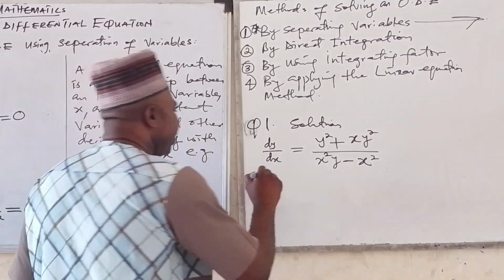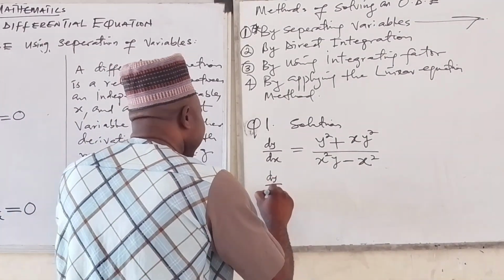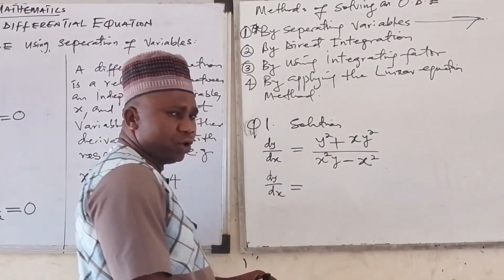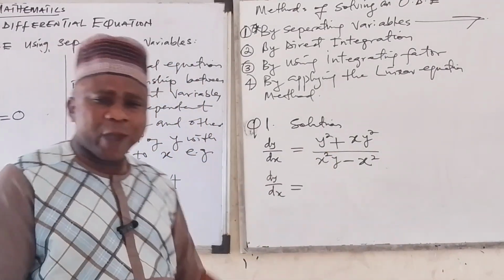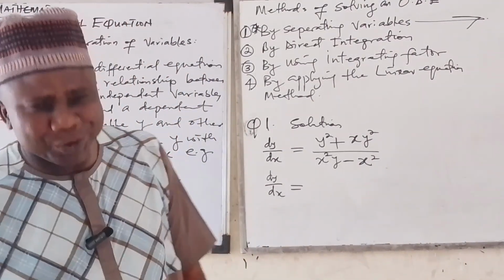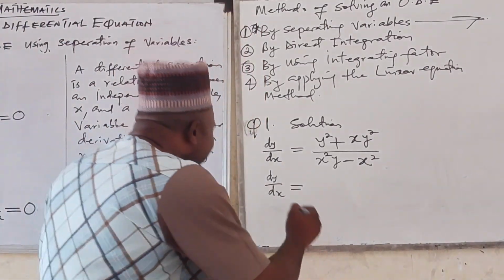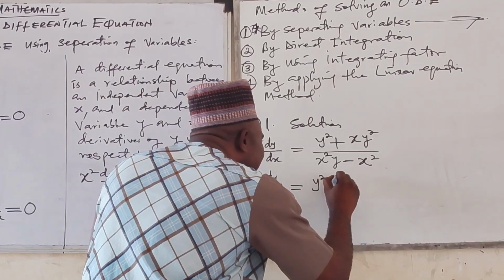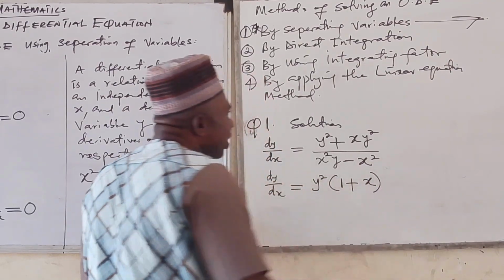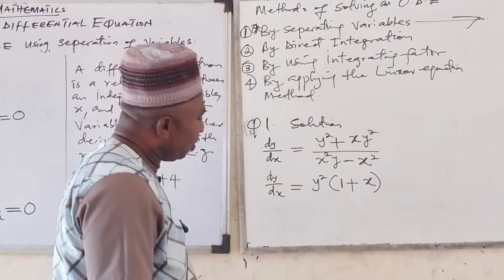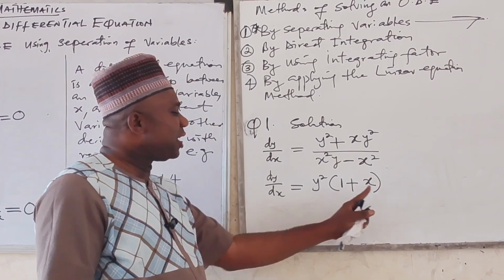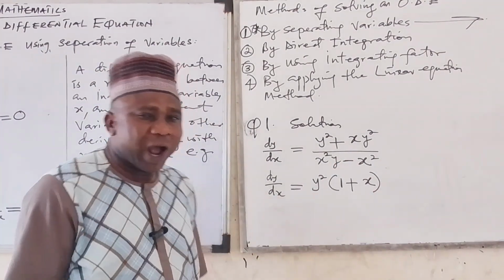Now it means in this case, if you look at the numerator, you will discover that y squared is common. And because y squared is common, we can factor out y squared. Here we'll be left with 1 plus x, because y squared times 1 gives y squared, and y squared times x gives xy squared.